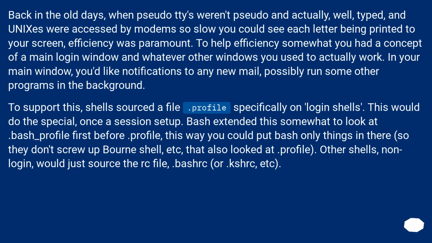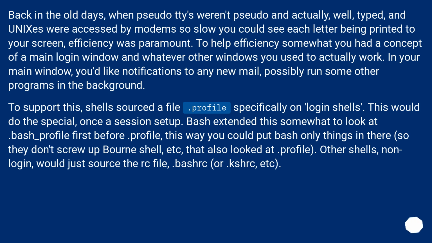Back in the old days, when terminals were actually typed on, and Unixes were accessed by modems so slow you could see each letter being printed to your screen, efficiency was paramount. To help efficiency somewhat, you had a concept of a main login window and whatever other windows you used to actually work. In your main window, you'd like notifications of any new mail, possibly run some other programs in the background. To support this, shells sourced a file .profile specifically on login shells.